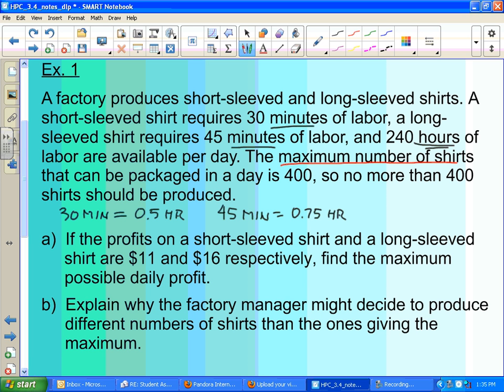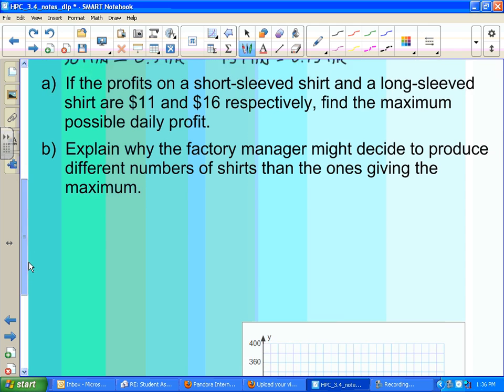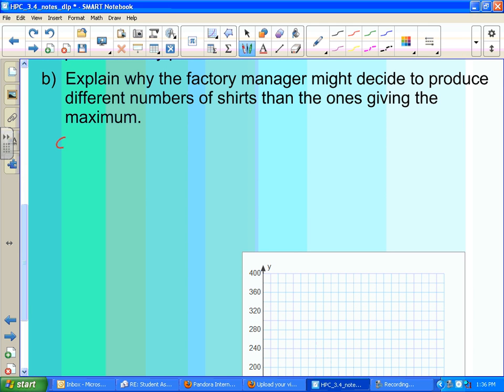And that was it in terms of what was given to us. We knew time of labor and total hours, and we knew how many total shirts. So let's go from that information and build our constraints that we're going to use to create our inequalities. Then we'll come back to this part A and B in just a second. All right, so what are our constraints?